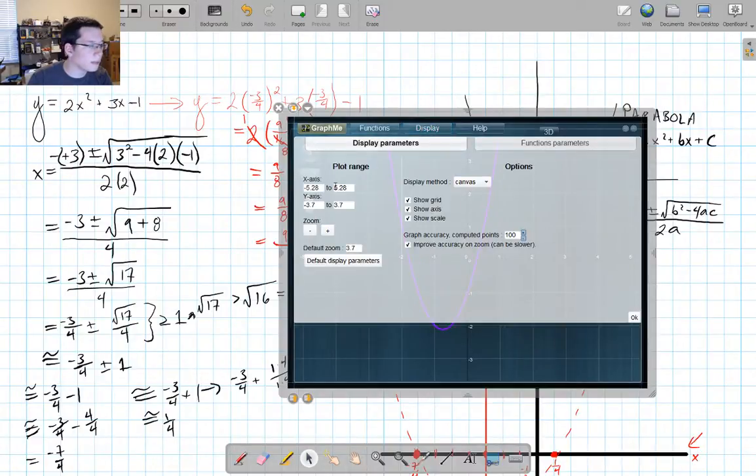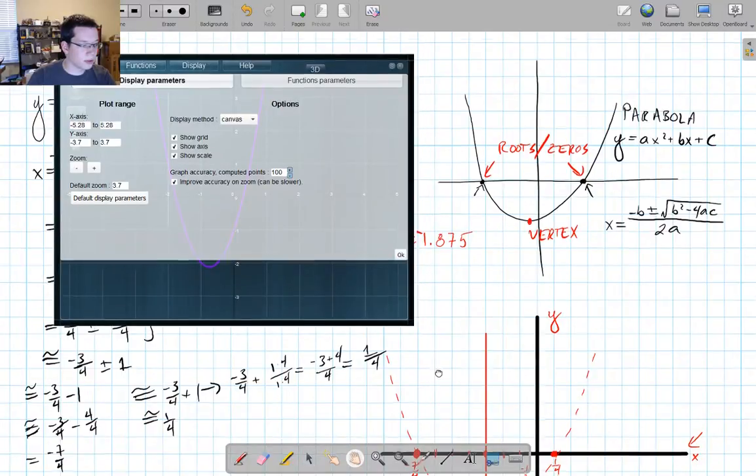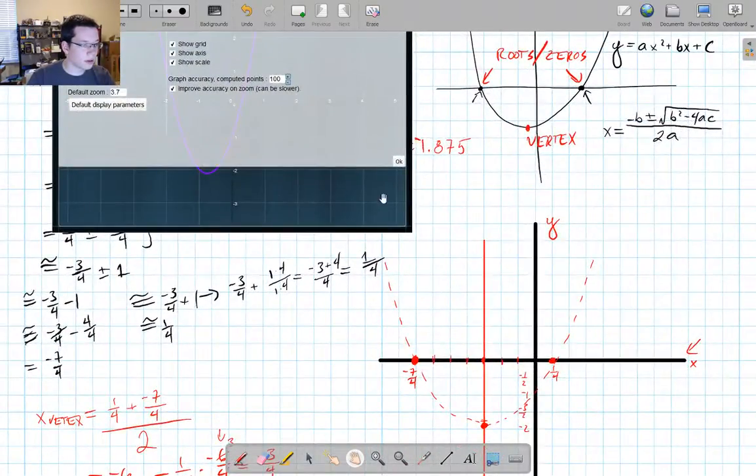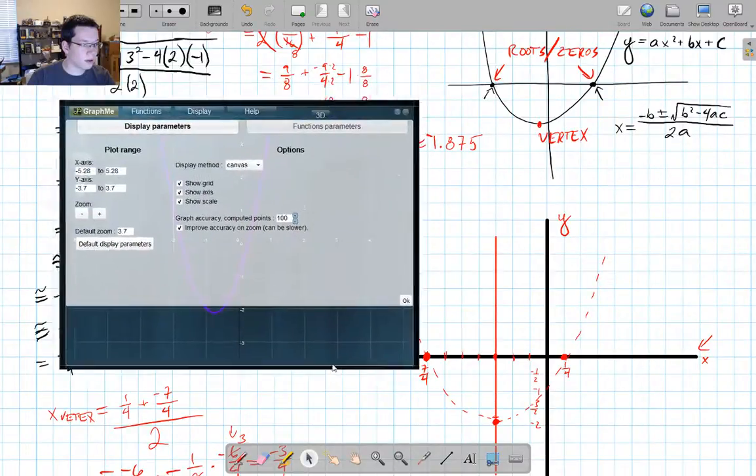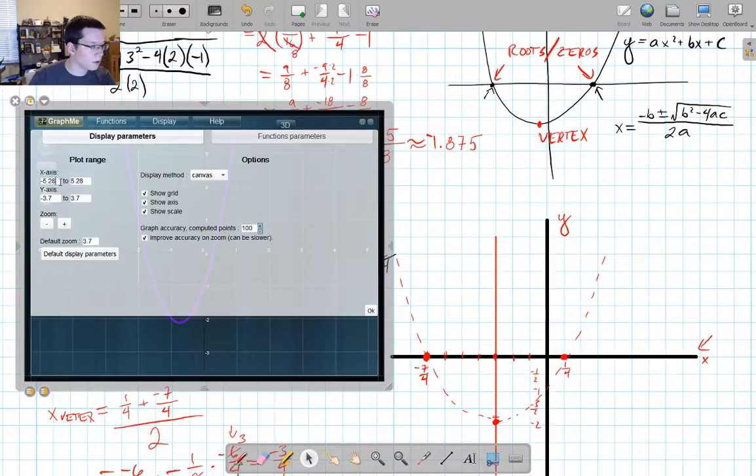And we'll set our display to be the same as my graph, which goes from -2 to +2, and -3 to +3.